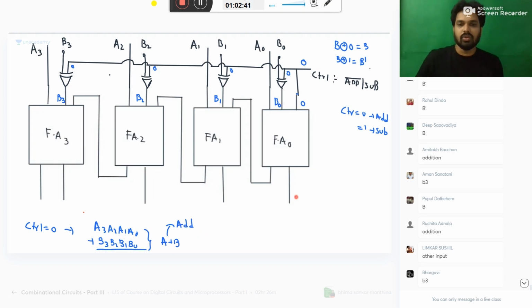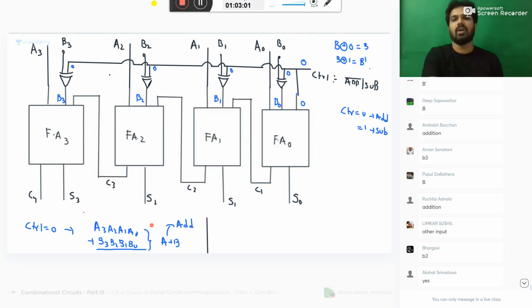That will give you sum, carry, sum, carry, sum, carry, and sum, carry. Is it okay up to this? Now the main part.